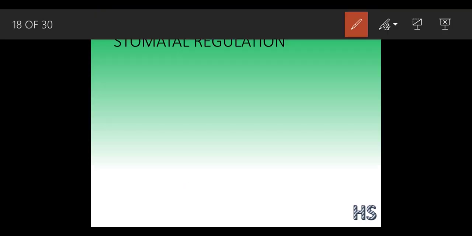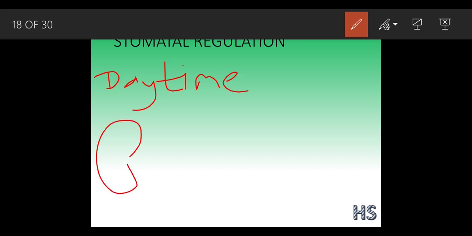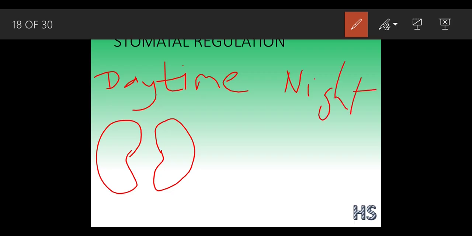Stomatal regulation. I have kept this slide blank because I want you to think over this part. See, we have studied that during daytime the stomata are open, okay, these guard cells are open. But what happens during the night time?